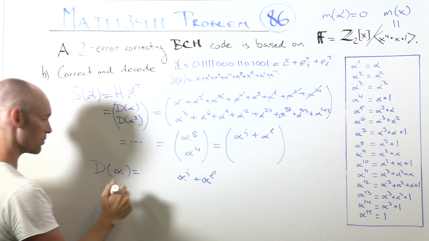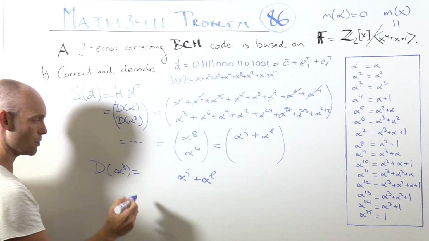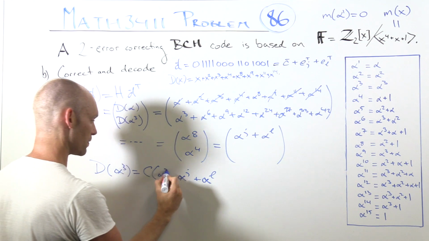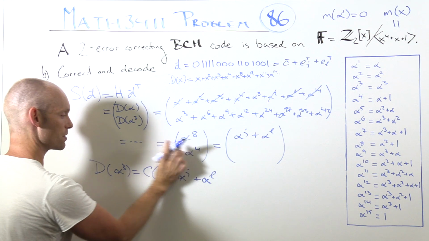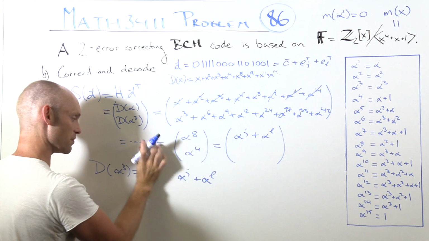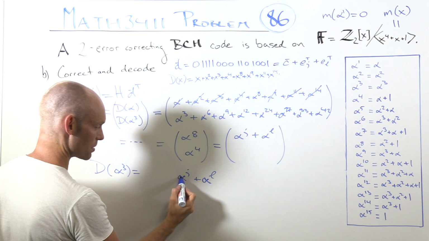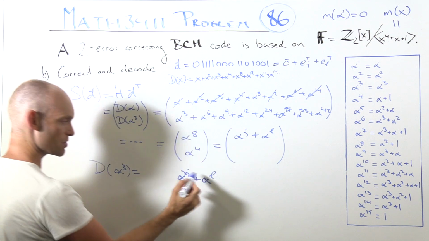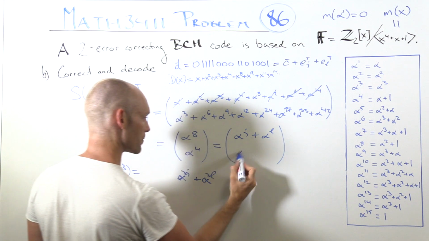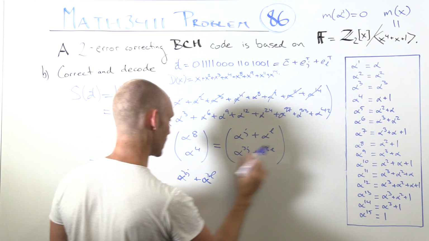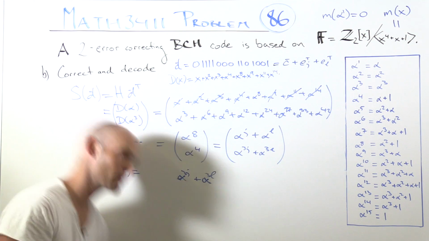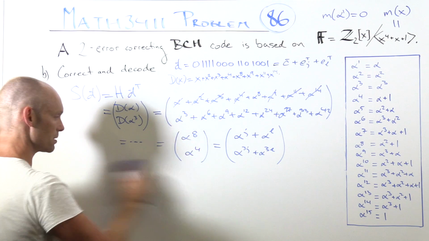And similarly, if we had D to the power of 3, we'd have C of alpha cubed, which again is 0, so we can remove it almost before we've written it down. But then we just have alpha to the power of 3j plus alpha to the power of 3L. And in principle, we're done.